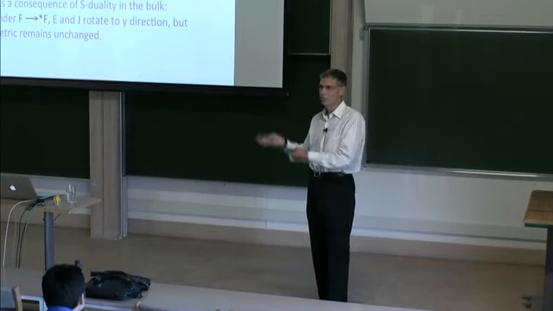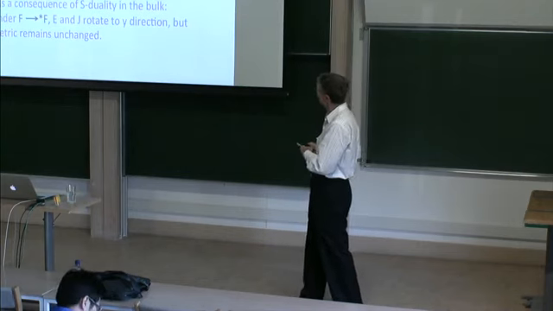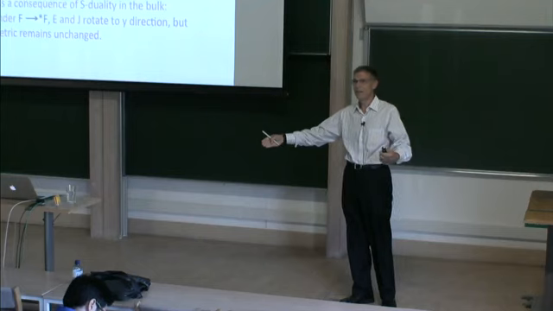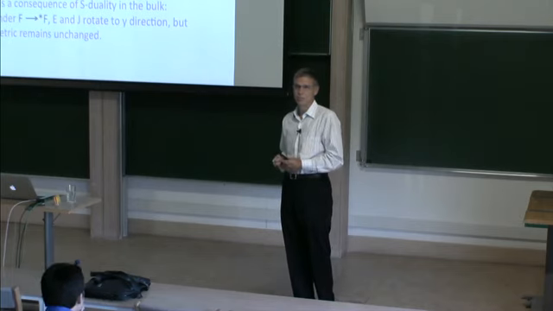It's just the usual r squared times dx squared plus dy squared. And that means that if you compute the boundary stress tensor, which is the stress tensor of the dual theory, it remains totally isotropic. So why should you get an isotropic pressure if you're having current flowing in only one direction?